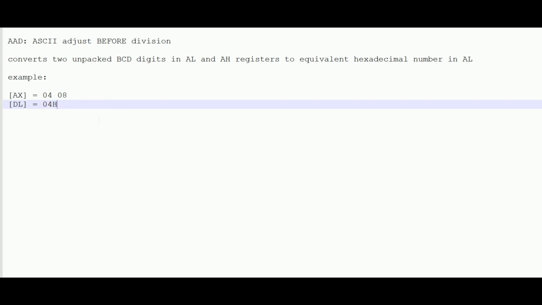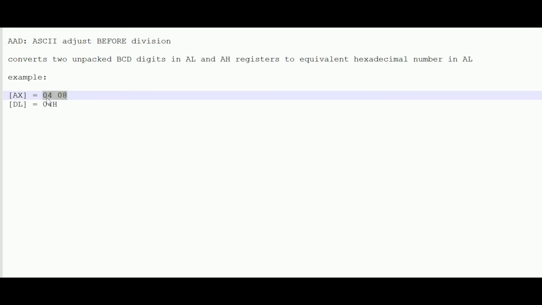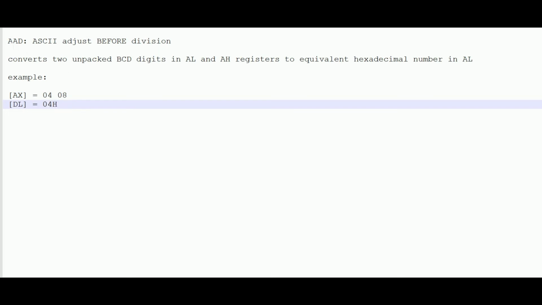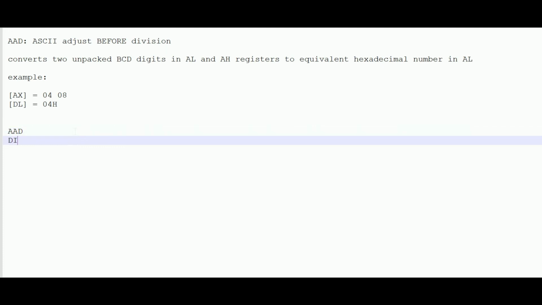Now when the division has to be done, this 0408 has to first be converted into a proper hexadecimal value. This is done by the AAD instruction. That is why this instruction is executed before the actual division instruction. So first it will be the AAD instruction, and then DIV AX comma DL.